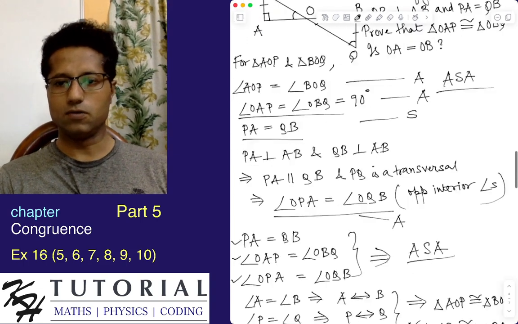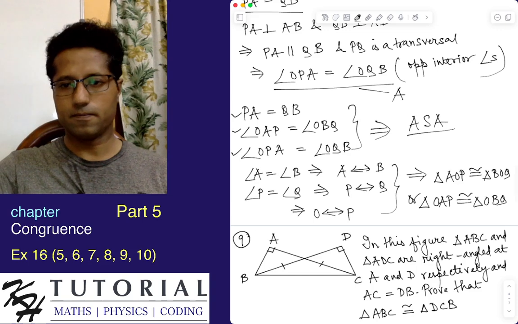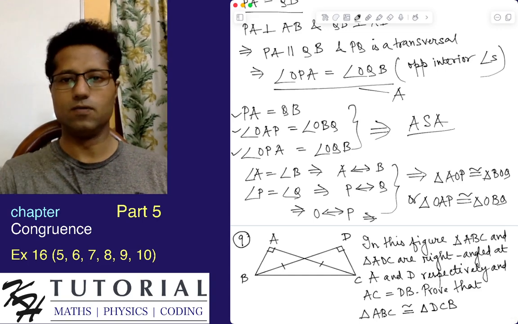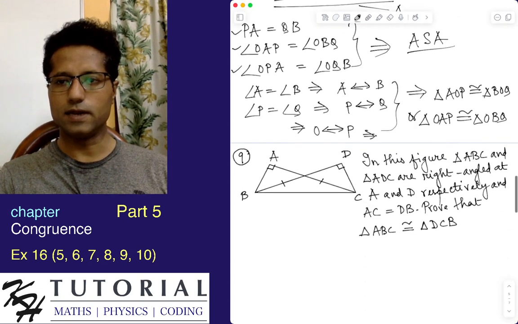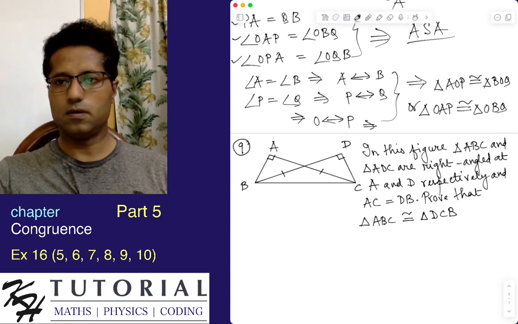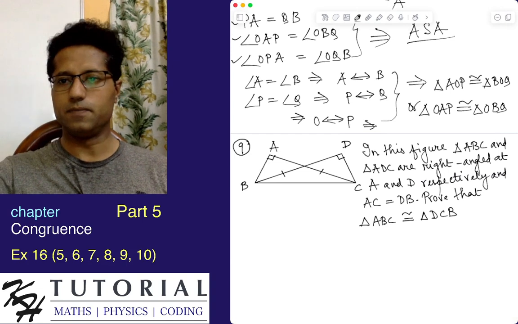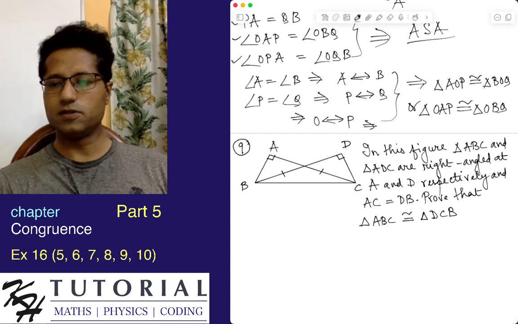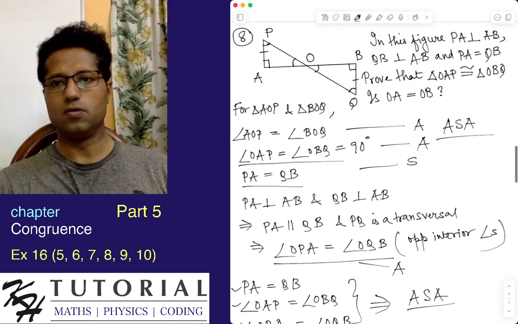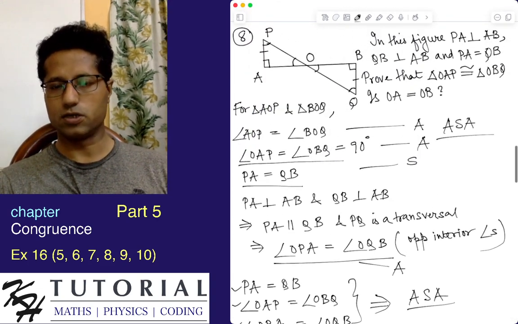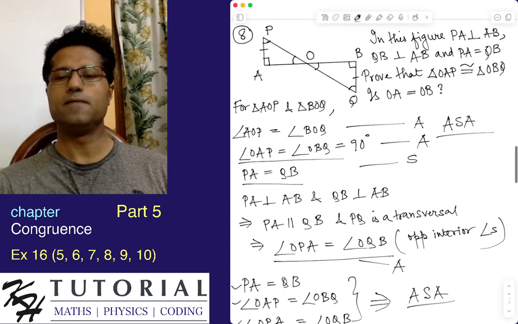Now is OA equal to OB? Since the two triangles are congruent, from the congruence relation we can say that the side AO has a correspondence with the side OB.